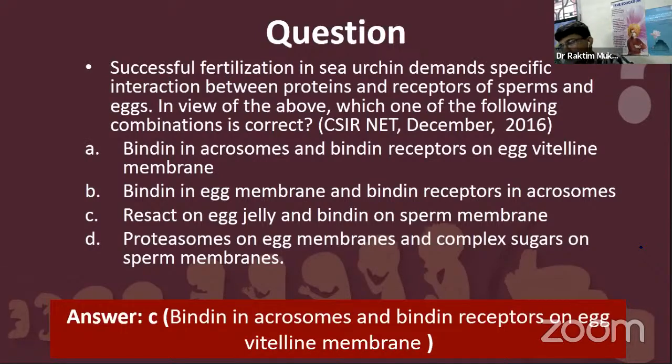There are several questions asked from slow and fast block to polyspermy. Though I am not explaining the entire concept right now, I would just like to tell you, if you have an inquisitiveness or interest in studying developmental biology or to attempt these questions, you need to understand the concept of polyspermy. First, I would explain what polyspermy is.